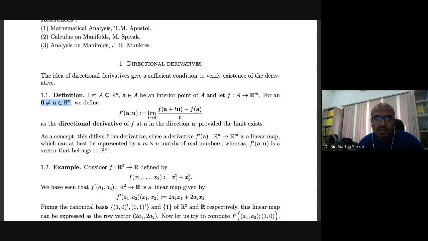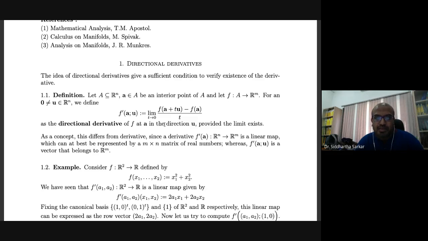So you are approaching a. Remember the definition of derivative: limit h tends to 0, as vectors, of f(a+h) minus f(a), which slowly gets around some linear map.